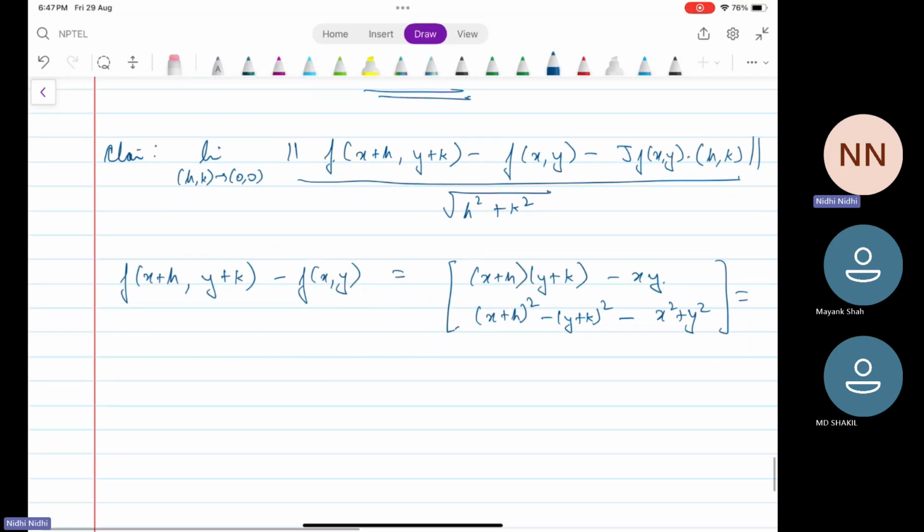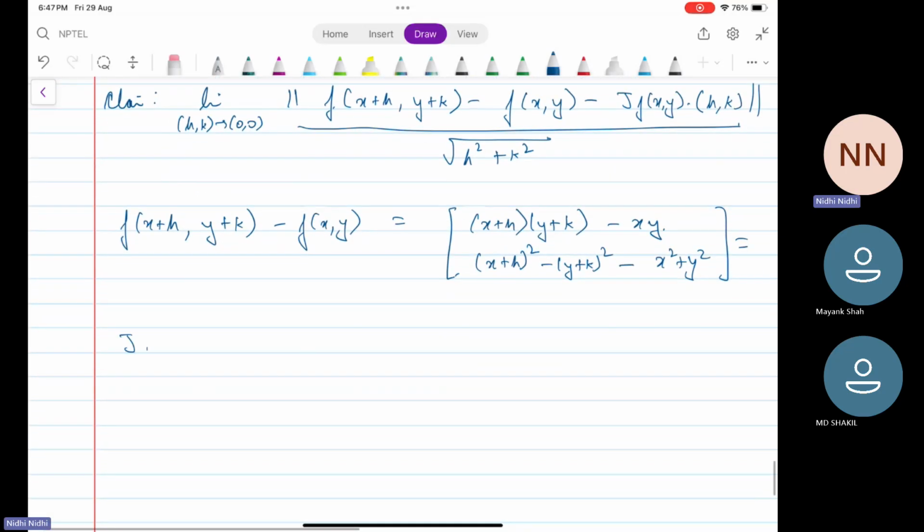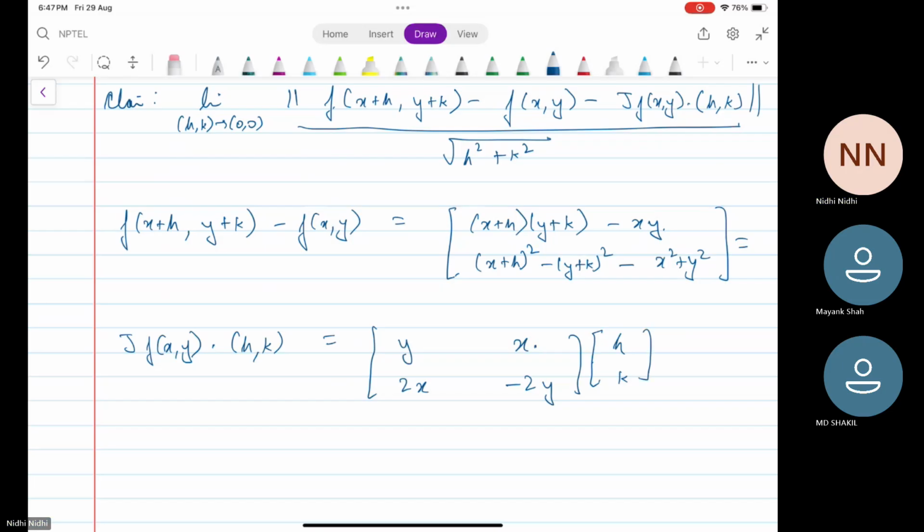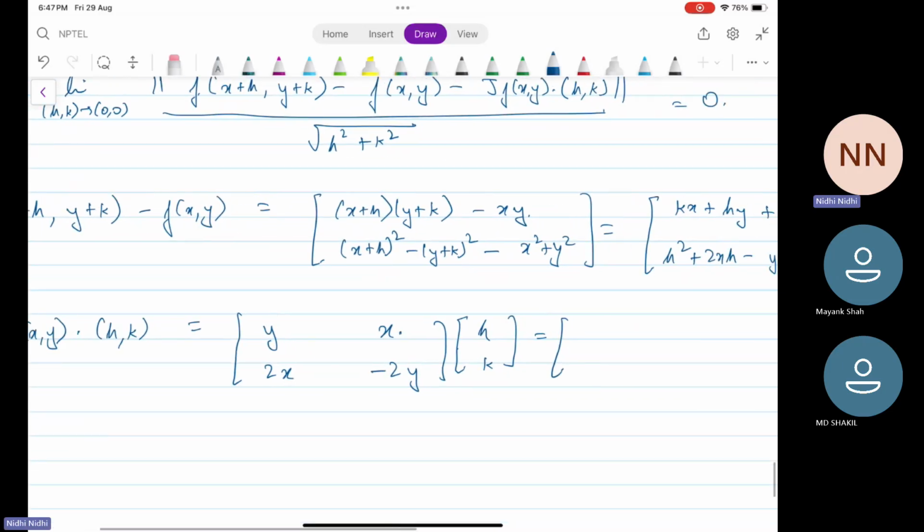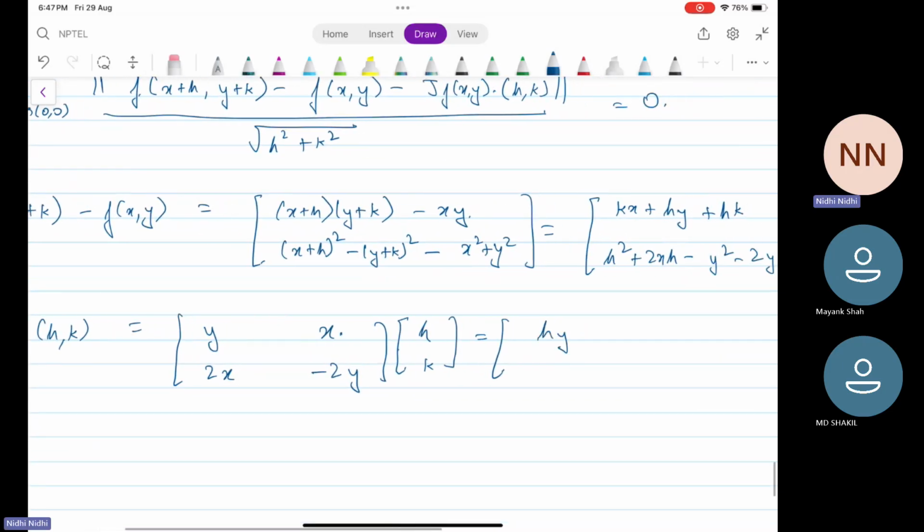Then Jf(x,y) times (h,k) is the matrix with rows y, x and 2x, minus 2y times (h,k). So this will again be a vector: hy plus xk, and 2xh minus 2yk.